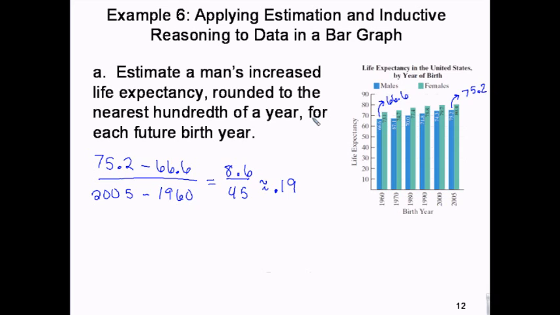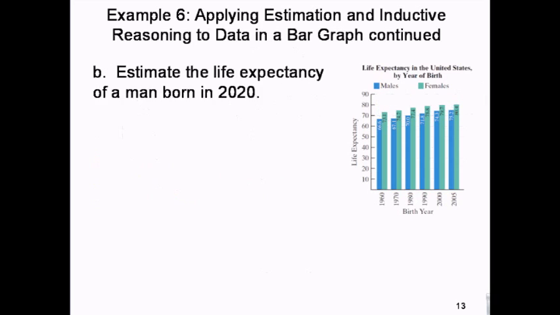Not much. Not a lot, no. But if you look 1960 to 2005, there was a 9-year increase in life expectancy. So now we can estimate the life expectancy of a man born in 2020 this way. We're going to use that 0.19.